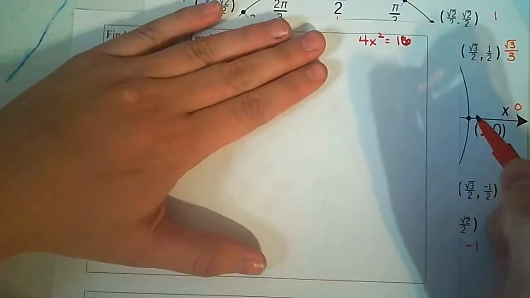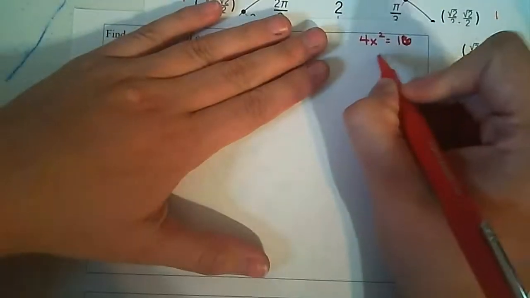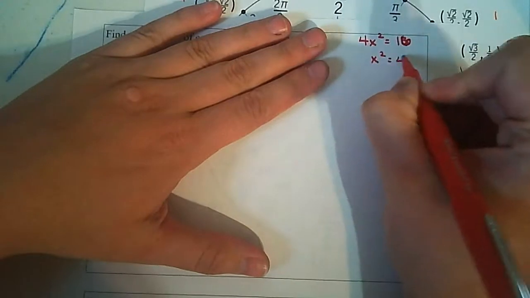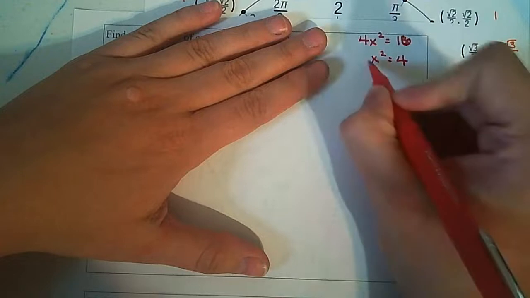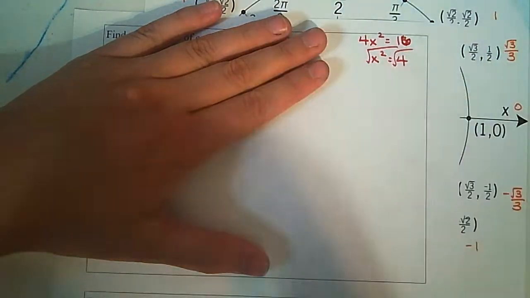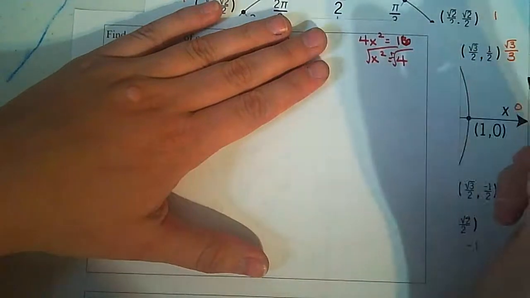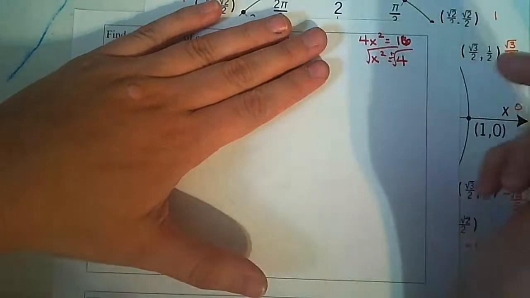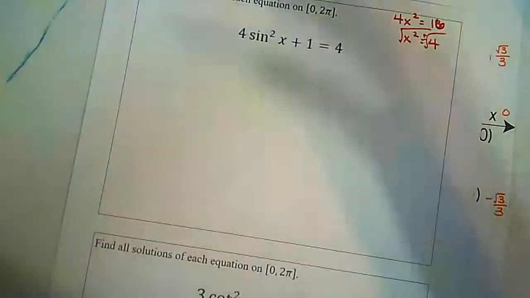So if you had something like this, so 4x squared equals 16, what you would do is divide both sides by 4. And then in order to get rid of this square, you'd take the square root of both sides. And remember, whenever you add a square root, you also have to add that plus or minus as well. So the square root property is another strategy we learned to solve. And we can use the square root property here as well.